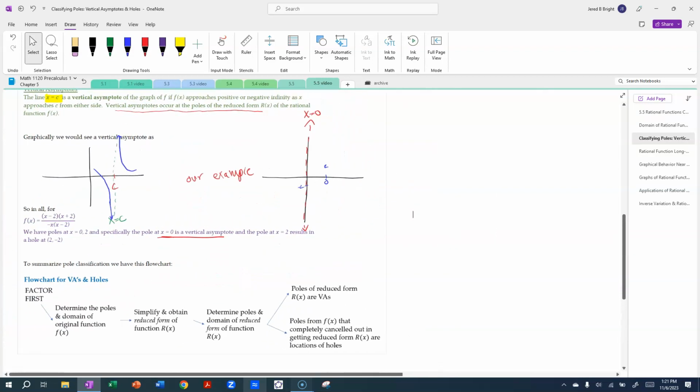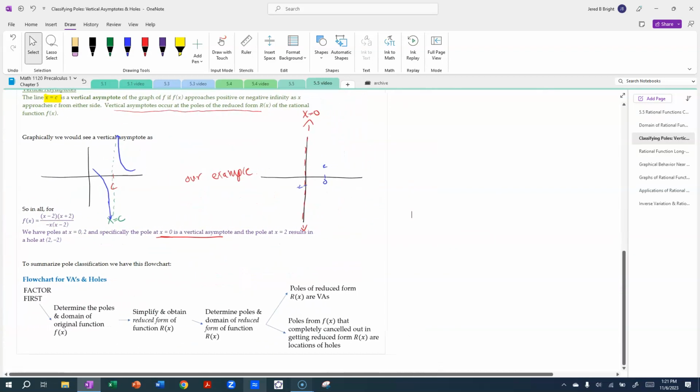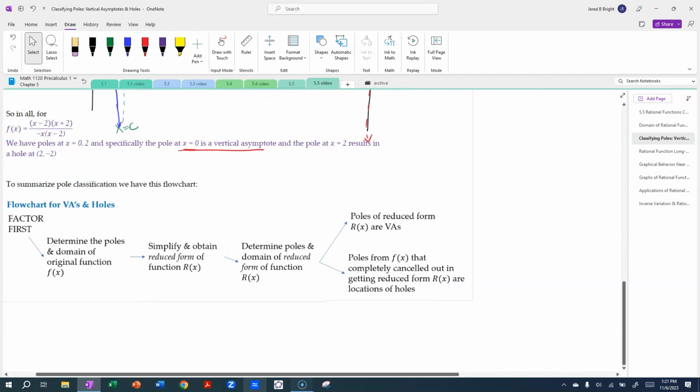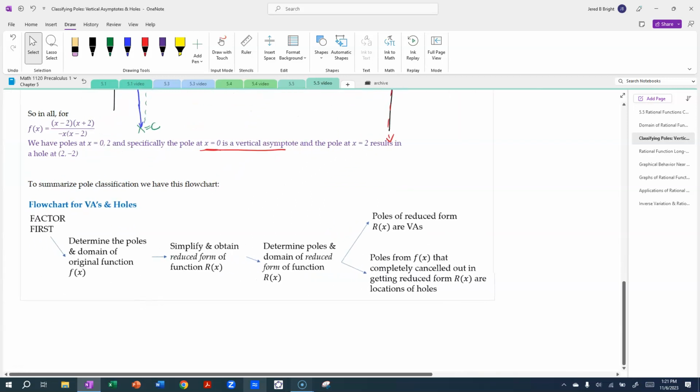Okay. Now, just to summarize how we classify a pole as either a hole or a vertical asymptote, this flowchart I find to be very handy. Okay, so first we factor. Then we find the poles in the domain of the original function. I didn't find the domain, but we could, right? And then simplify, but notice this is only after you state the domain and the poles.